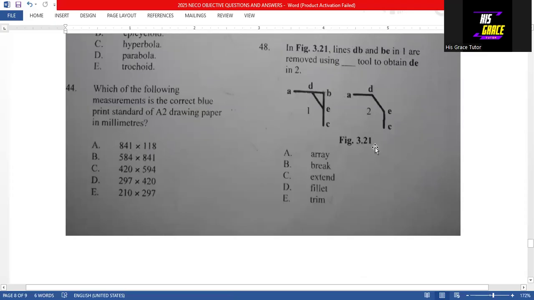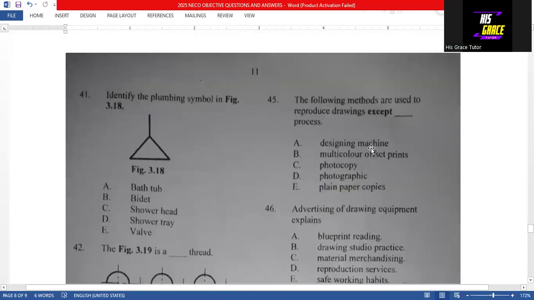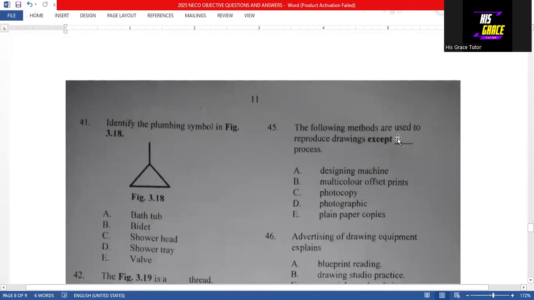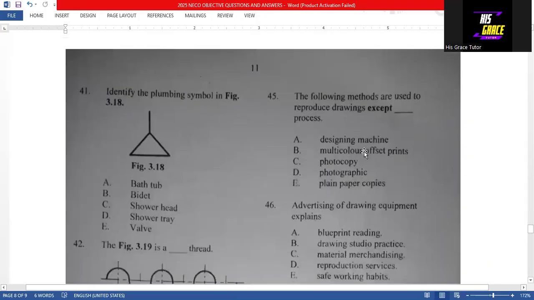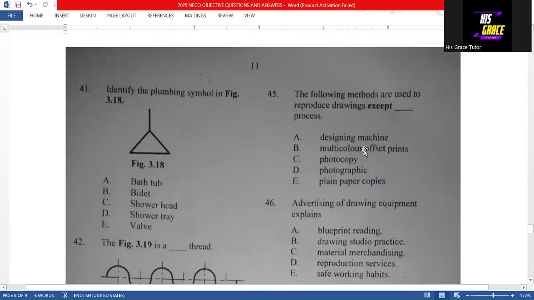Then question 45. The following methods are used to reproduce drawings except designing machine. That is option A.